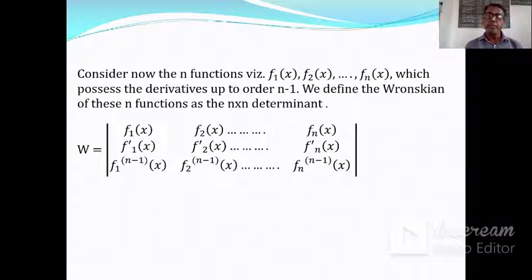With the help of the Wronskian, we can decide whether these n functions are linearly dependent or independent. If the Wronskian is 0, then these functions are linearly dependent. If the Wronskian is non-zero, then these n functions are linearly independent.